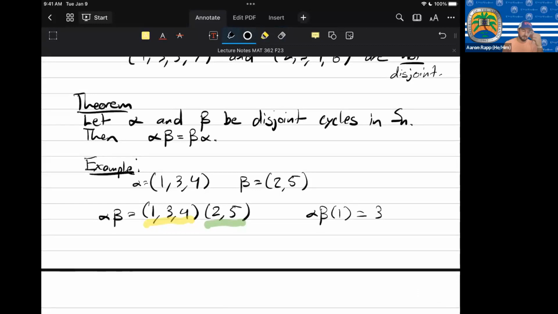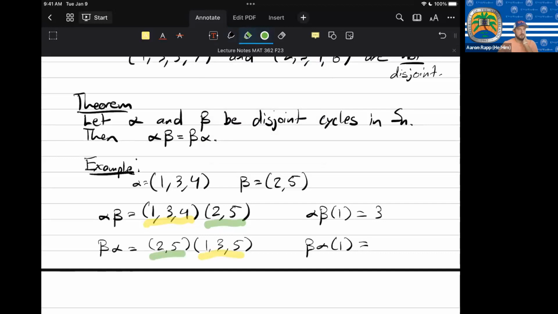What happens if I flip the order of the permutation? So now do beta composed with alpha. Well, notice still, even if I just keep this as yellow cycle and green cycle for ease of communication, the only cycle that's going to affect the value 1 is the first one, the yellow cycle, right?